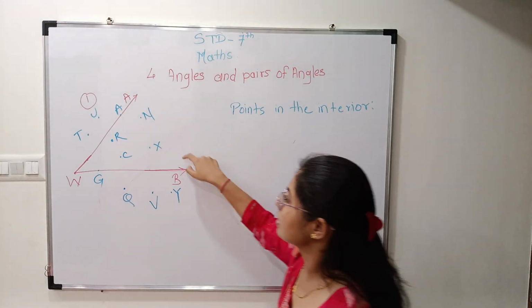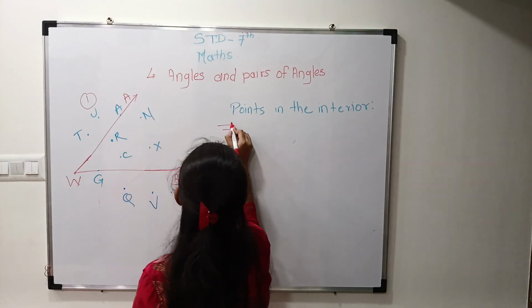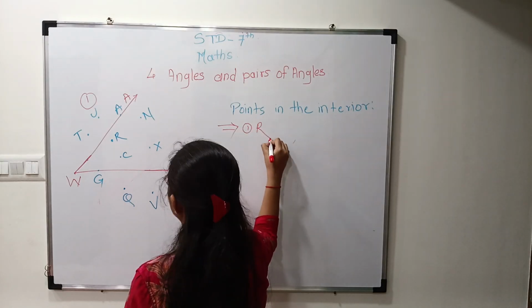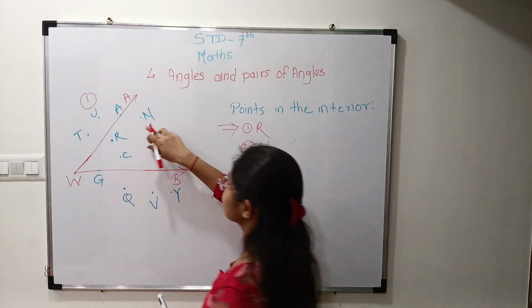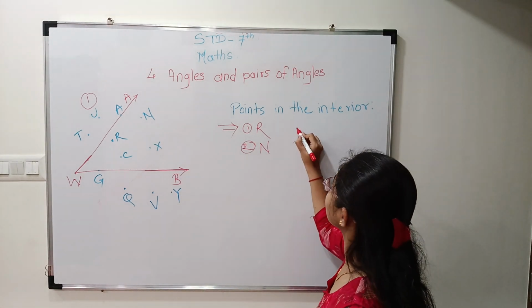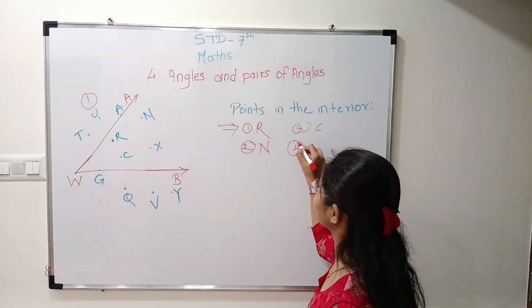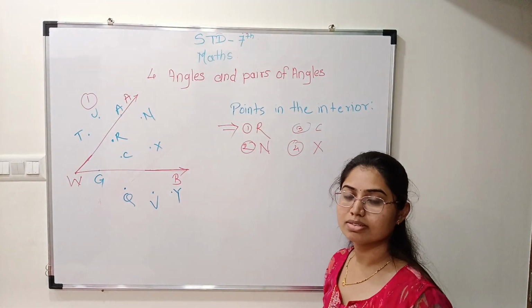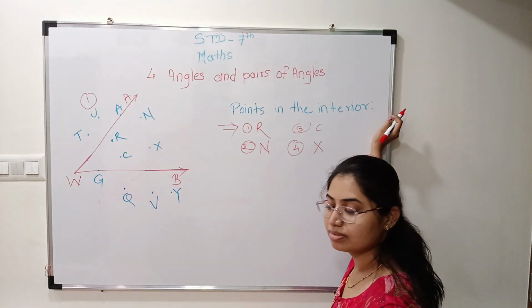Which points are present inside the angle? See here, R. Second one N. Then third C. And fourth X. These are the points in the interior. Right?